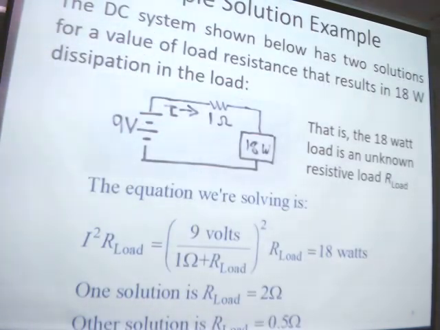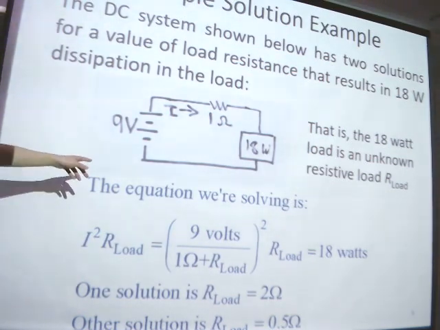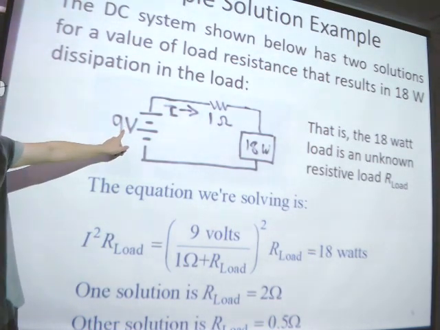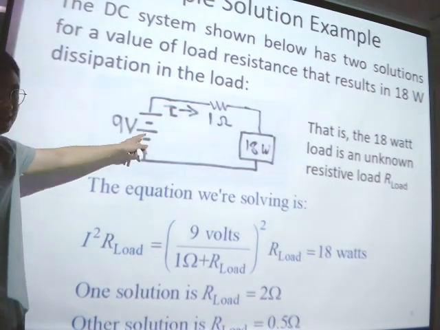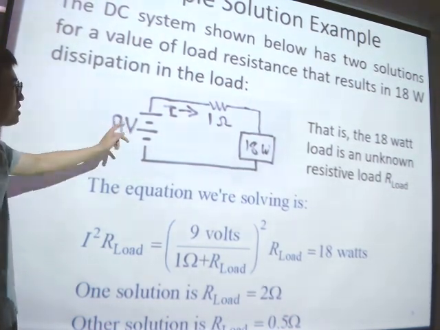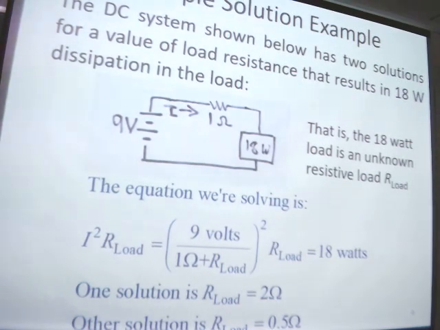Now we work with these examples in our electricity analysis. We assume a 9 volt DC, direct current, system, with a 9 volt voltage source.